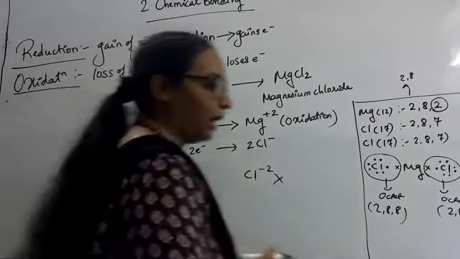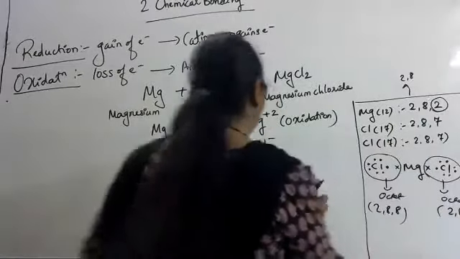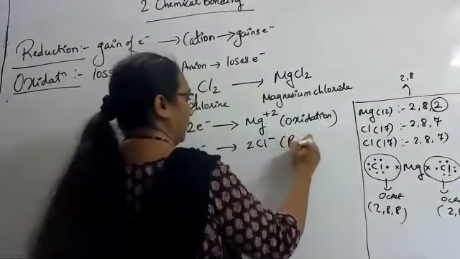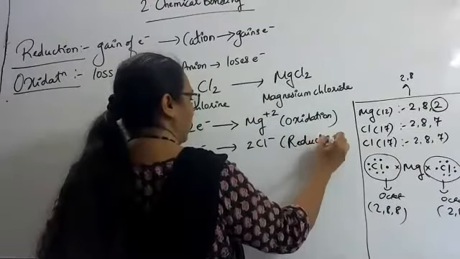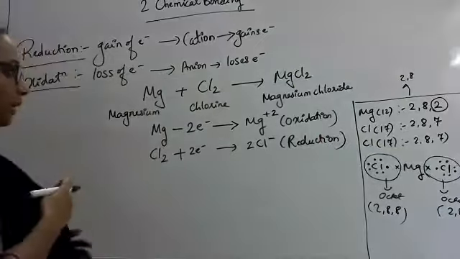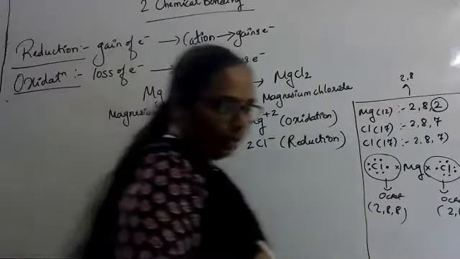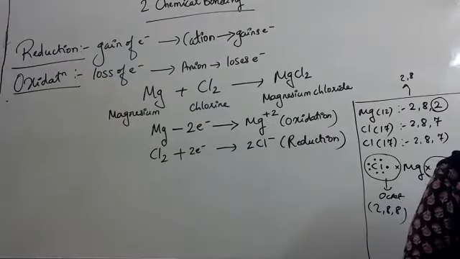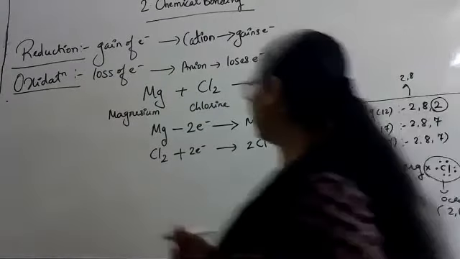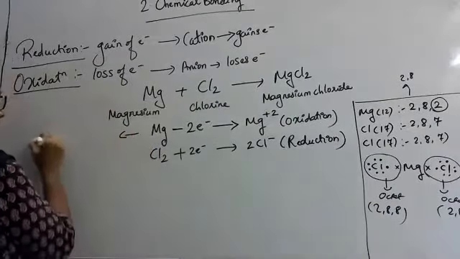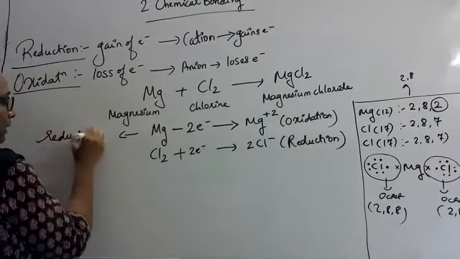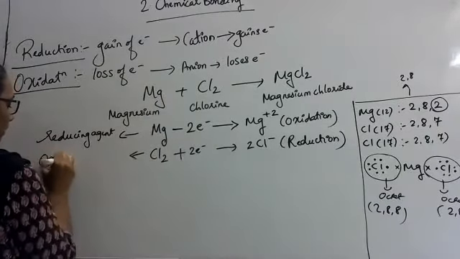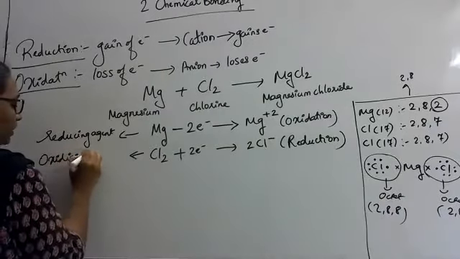So you have to write 2 chloride ions, 2Cl minus, and this chloride has undergone reduction. So here magnesium is oxidation, chloride is reduction, and magnesium is acting as the reducing agent, and chlorine is acting as the oxidizing agent.